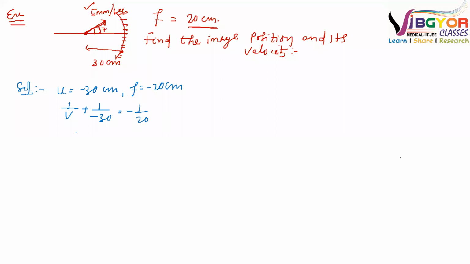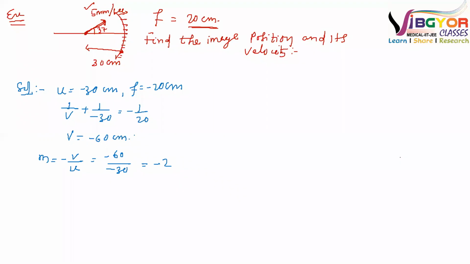By solving this, you will get image distance equal to minus 60 centimeter. And magnification is equal to minus v by u, that is minus 60 divided by minus 30, that is equal to minus 2.